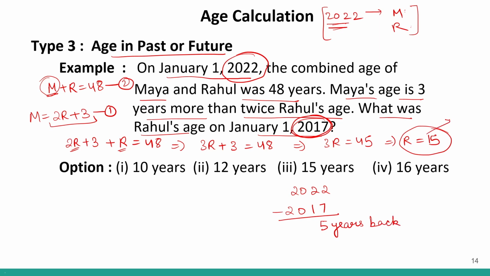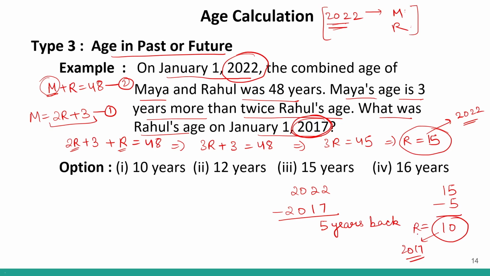So this is Rahul's age in which year? 2022. Over here, R is used to represent Rahul's age in 2022. So 5 years back means we have to subtract 5 from the age in 2022. So 10 will be Rahul's age in the year 2017.